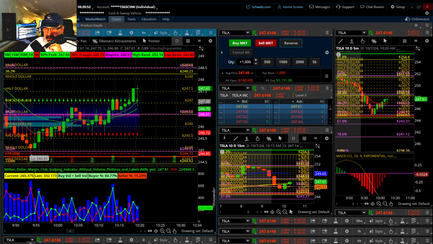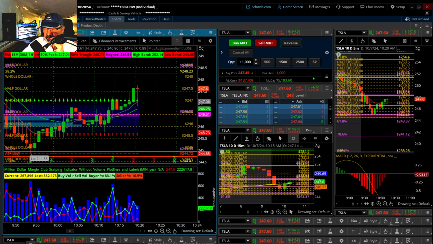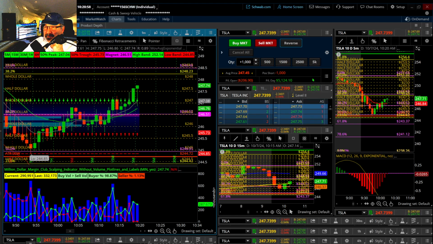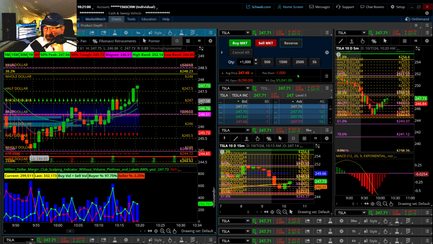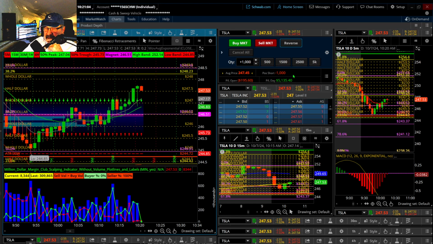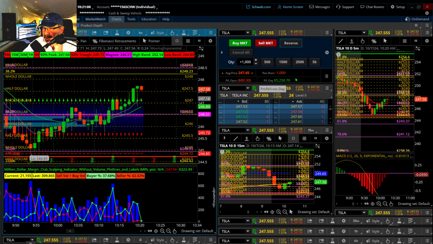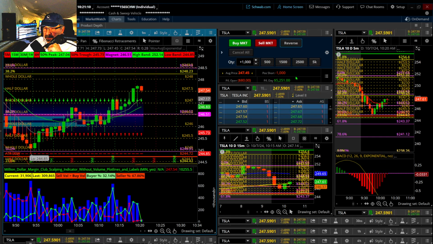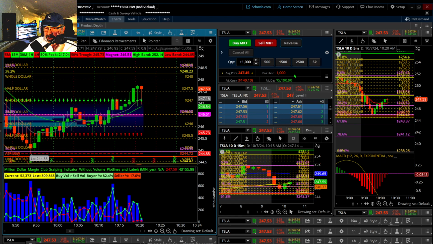Multi-shot alignment over here is all saying it's going to go up. Yeah, that hurts. All right, so that did close as more of a hangman, so that is a real reversal sign on the 1 minute. So that's good for me on a short.